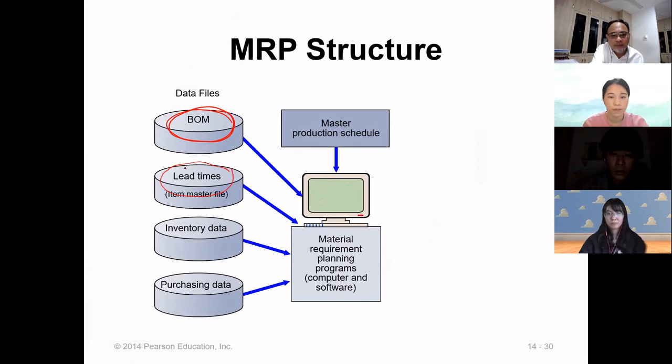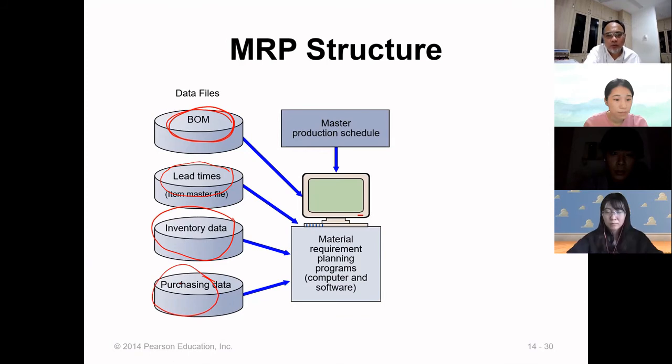You know your lead time, and if you have inventory, you need that information as well, and also your purchasing data. This will be fed into the MRP program, which has all the information together with your master production schedule.